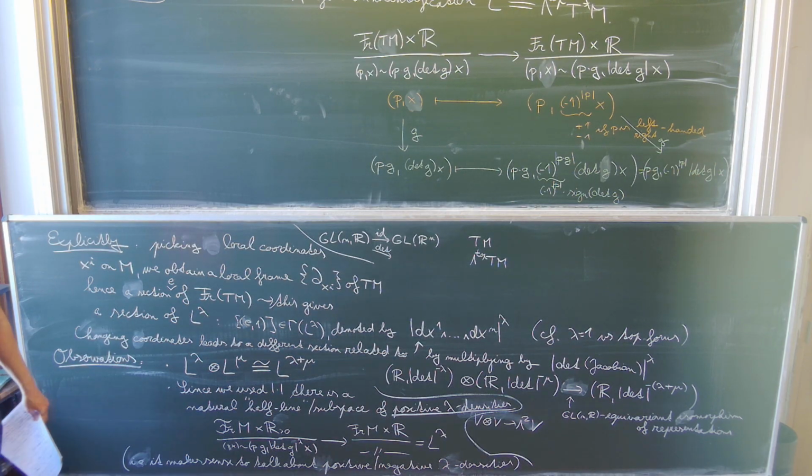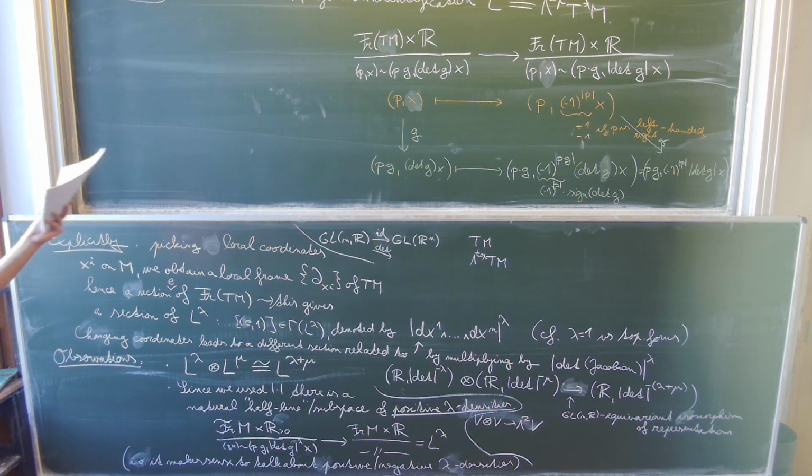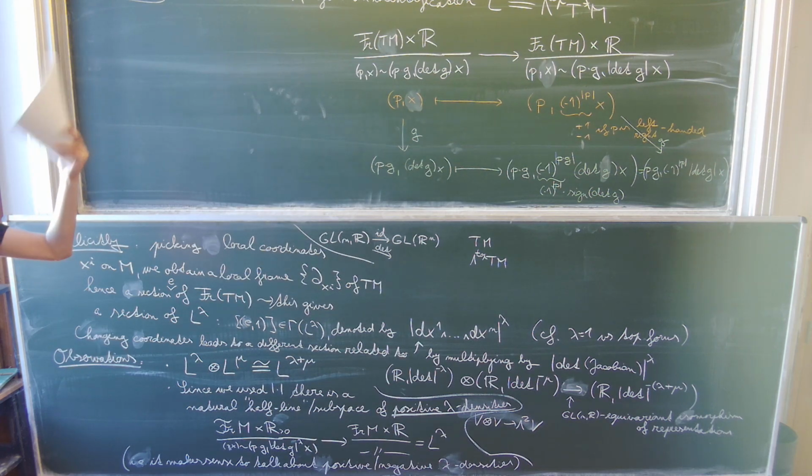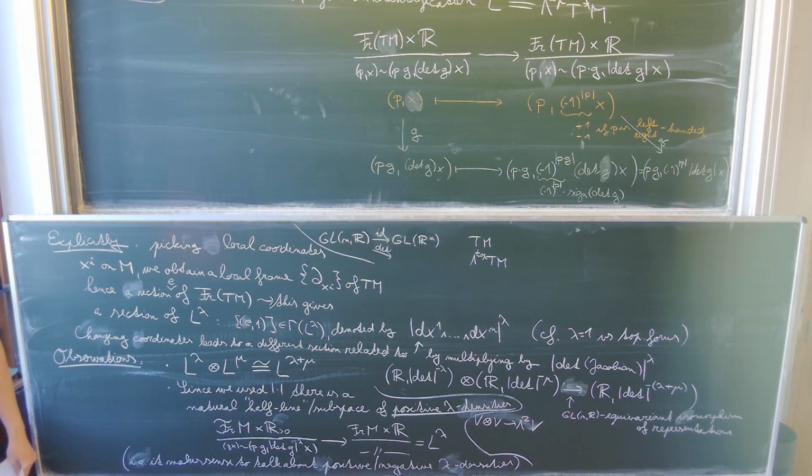I guess I was using a different definition where you keep the same charts but distinguish them, an extra structure on a manifold which tells you whether the frame is positively or negatively oriented. That's the structure, but you should be able to build an equivalence between these two definitions.